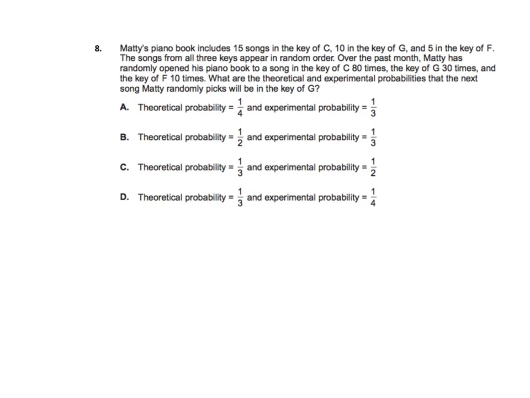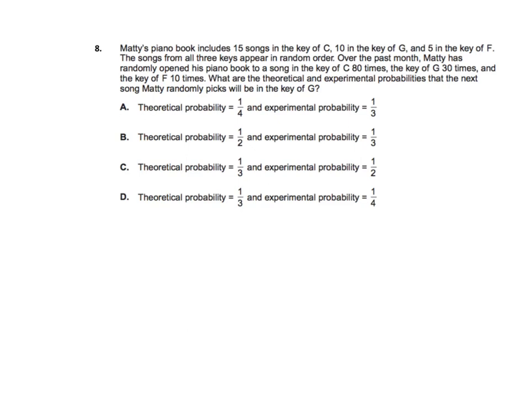Over the past month, Maddie has randomly opened his piano book to a song in the key of C 80 times, the key of G 30 times, and the key of F 10 times. What are the theoretical and experimental probabilities that the next song Maddie randomly picks will be in the key of G? So that's a lot of information to break down.